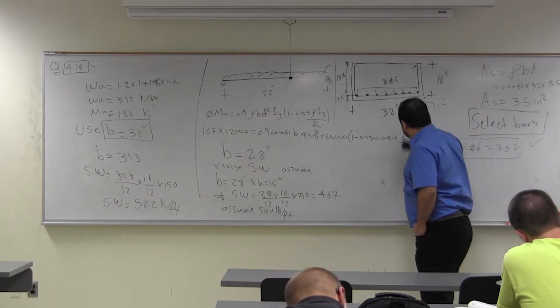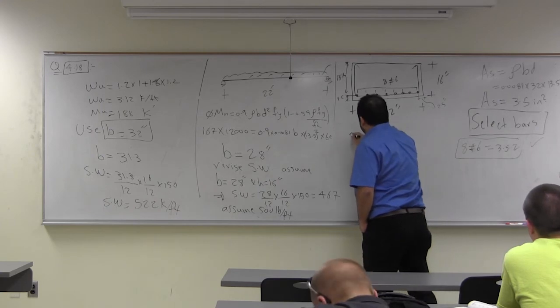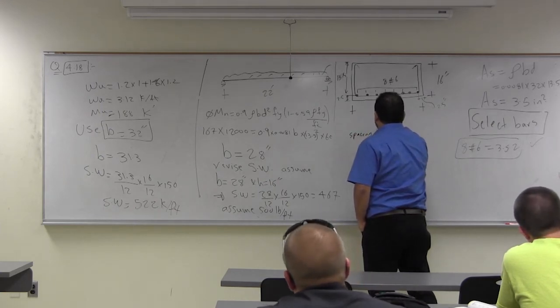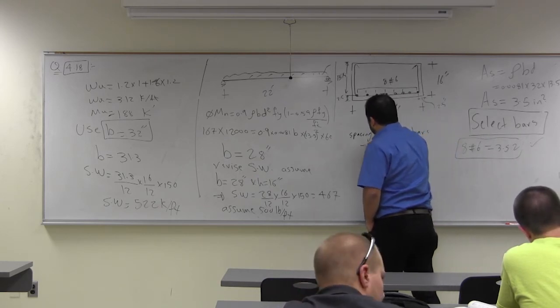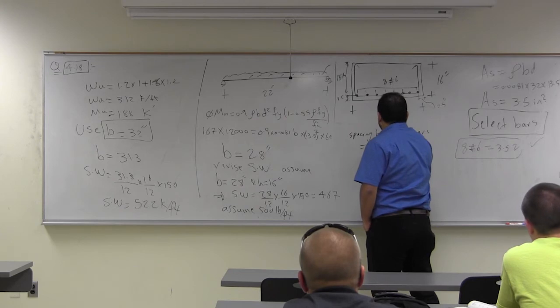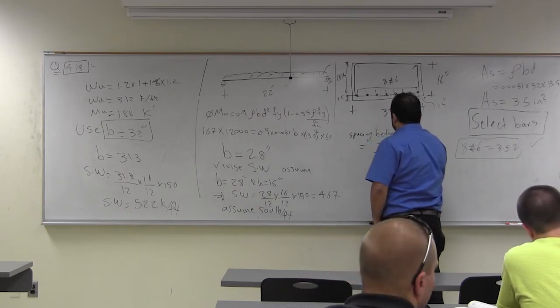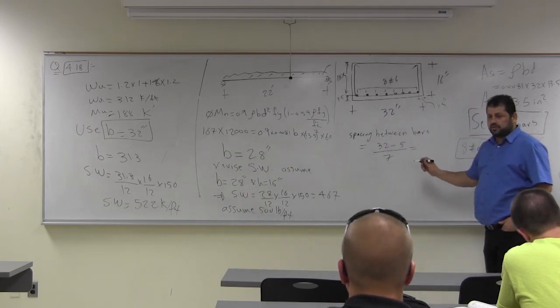Spacing. How much? I got 3.86. 32 minus 5 divided by 7. That number, how much you get? 3.86.